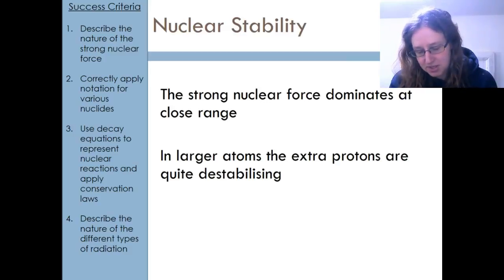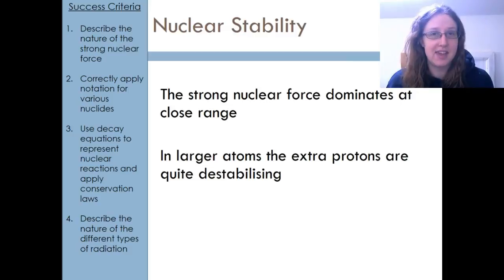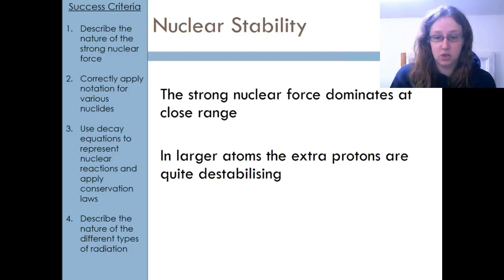So if I've got a big nucleus, I might have nucleons at one side that are not applying the strong force to nucleons on the other side because the nucleus is just too big. But they are still repelling each other because of the electrostatic force. So the smaller ones are going to be more stable because the strong force is able to act on all the nucleons, whereas it can't on the larger nuclei.